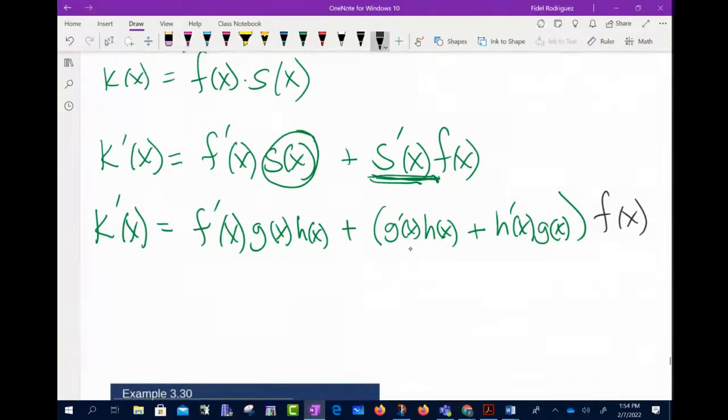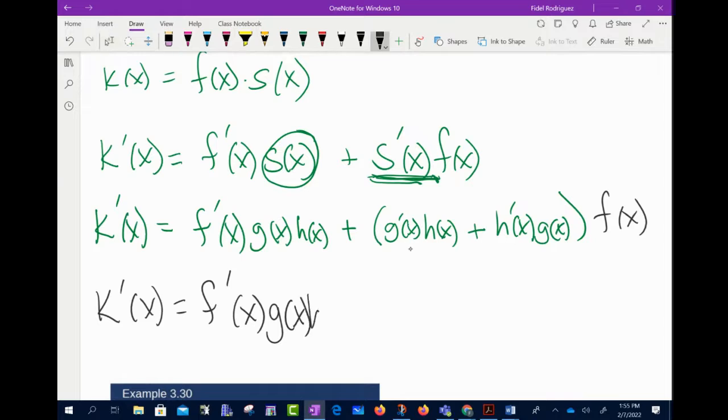Okay, one last step, y'all. I'm going to distribute this f times each of those pieces. So, y'all, the way I'm going to write these, I'm going to go in alphabetical order. What letter comes first?